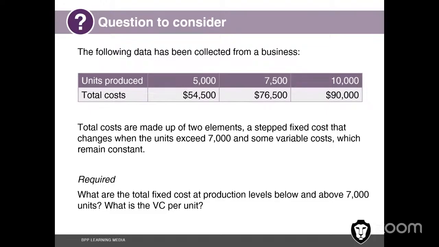This is the approach. Whenever they tell you that the fixed cost increases over a certain level, then you can't use the regular high-low, right? You can't say, all right, use the highest and the lowest. What you have to use is two activity levels that are below that number or two activity levels that are above that number.